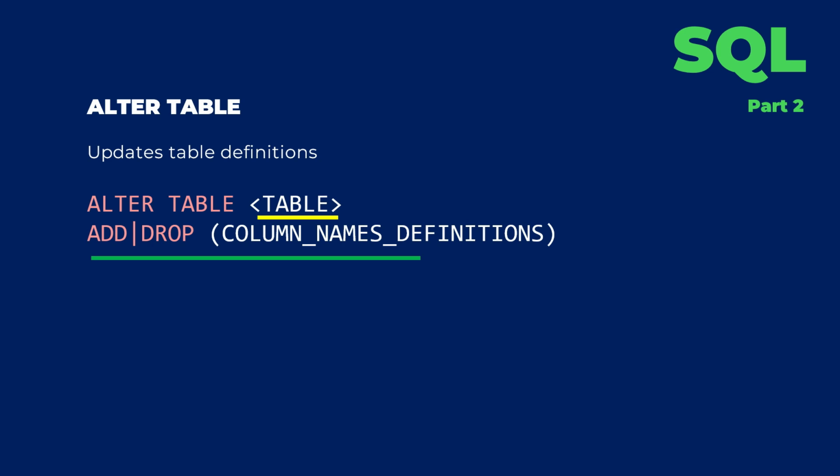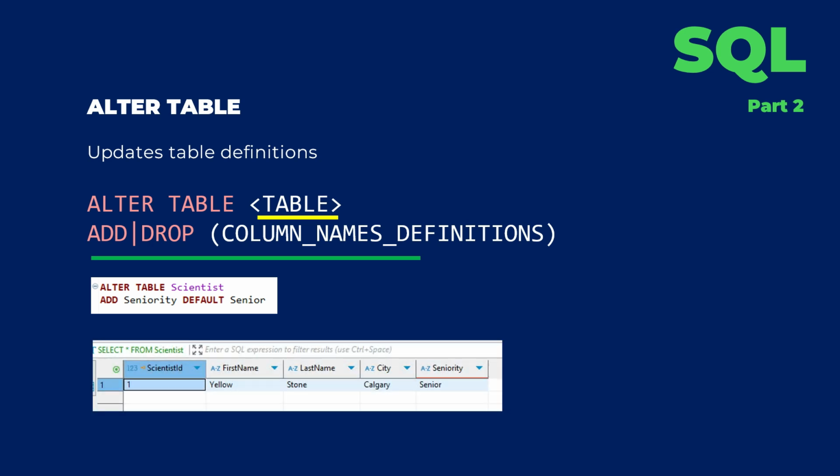The best strategy is to spend sufficient time anticipating future needs during the table design process so that extensive changes are not required later on. Let's try to add a seniority column to the scientist table, and we set the default value as senior. And we can see after the update for the existing data, seniority is automatically set as senior.